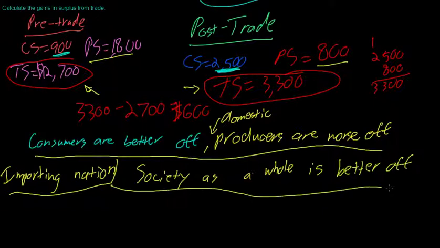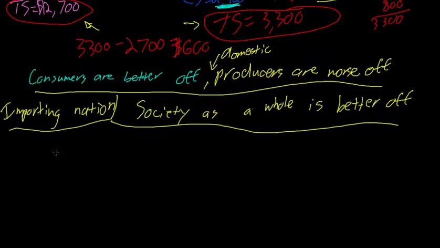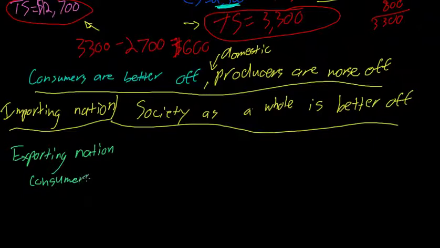Now, to loop back to the previous video and talk a little bit about exporting nations. So in an exporting nation, and you can go verify this with the previous video, I'm not going to do it here, consumers are worse off.